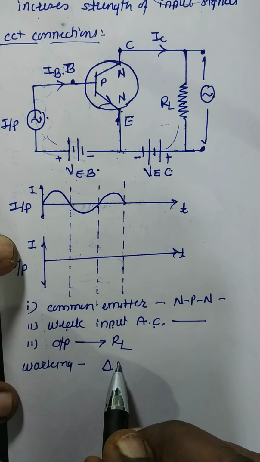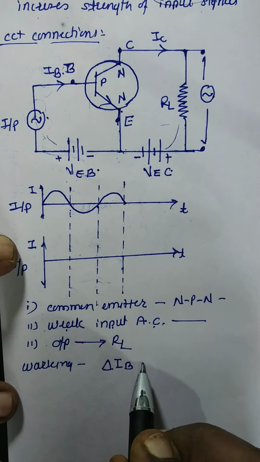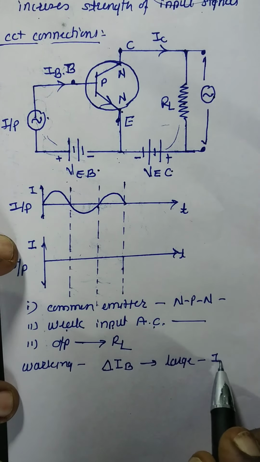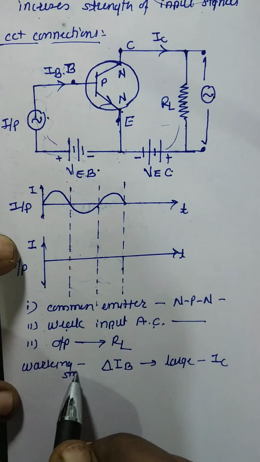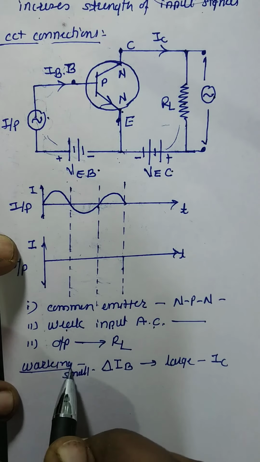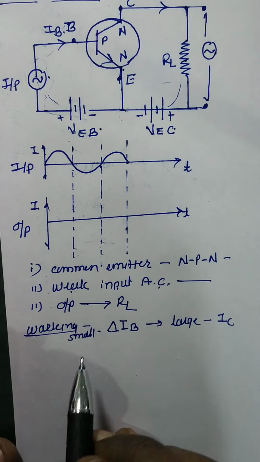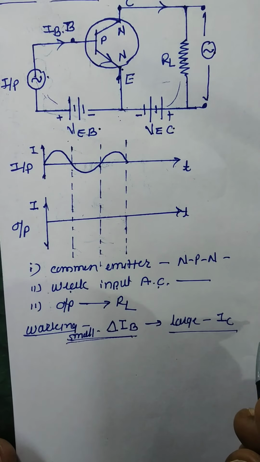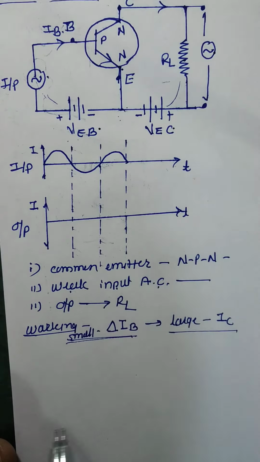Working. Small change in base current produces large change in collector current. In case of transistor, small change in base current produces large change in collector current.